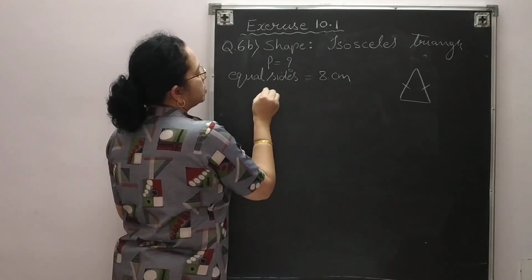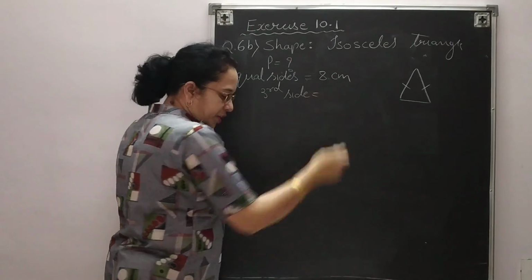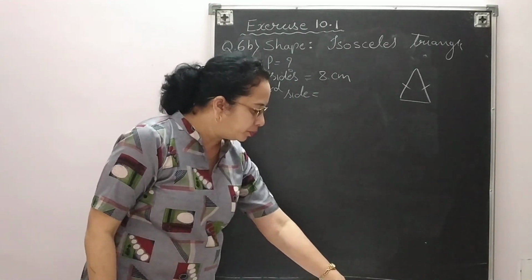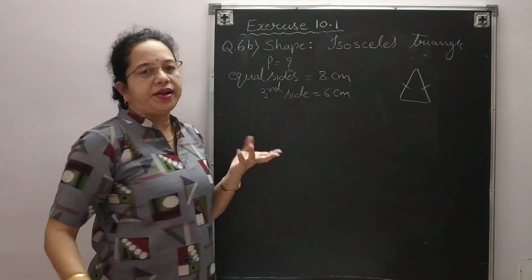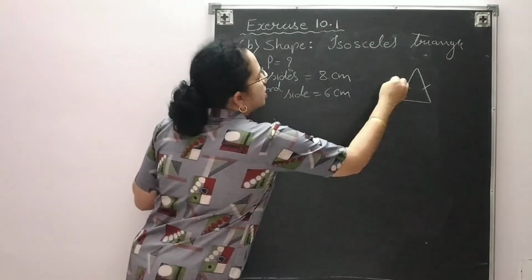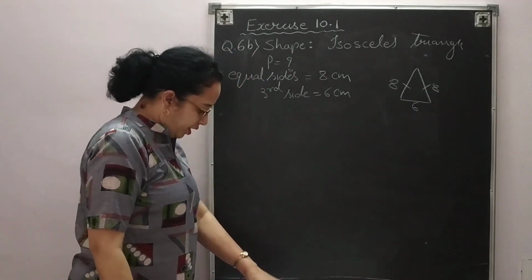And this is the third side, measurement given here, 6 centimeter. So here also you can find the sum of all the three sides. 8 plus 8 is 16, plus 6 will give you 22.